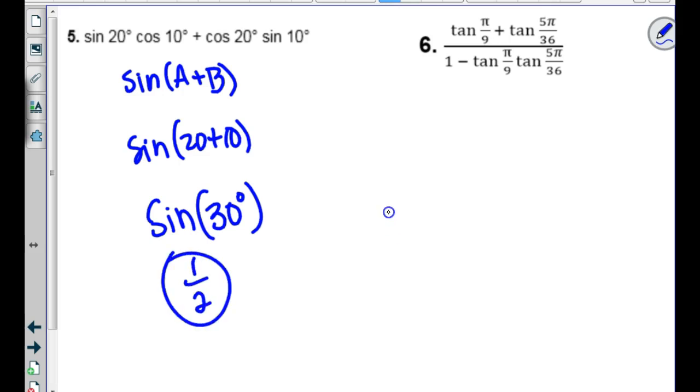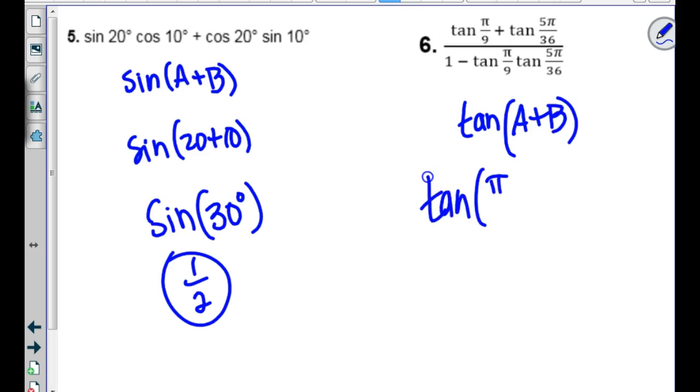Okay. One more. This is tan plus tan over 1 minus tan tan. What would that be? Tangent of A plus B. And what numbers are we going to put in there? Okay. Anybody got a calculator handy? What's 1/9 plus 5/36?